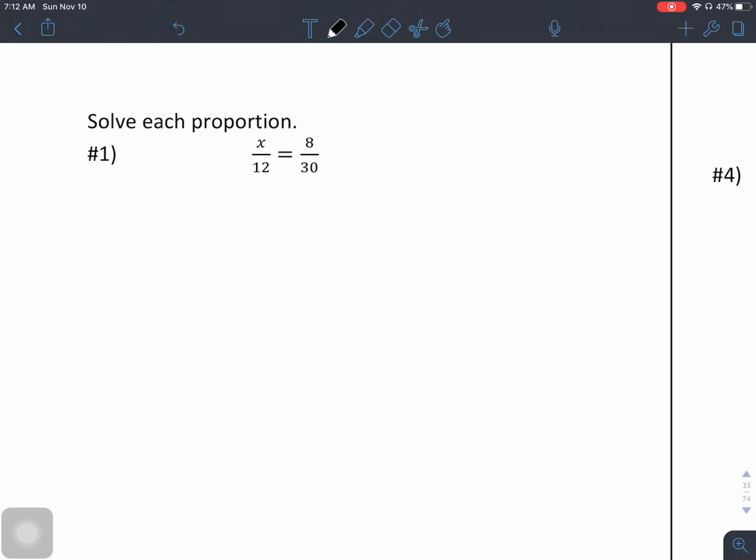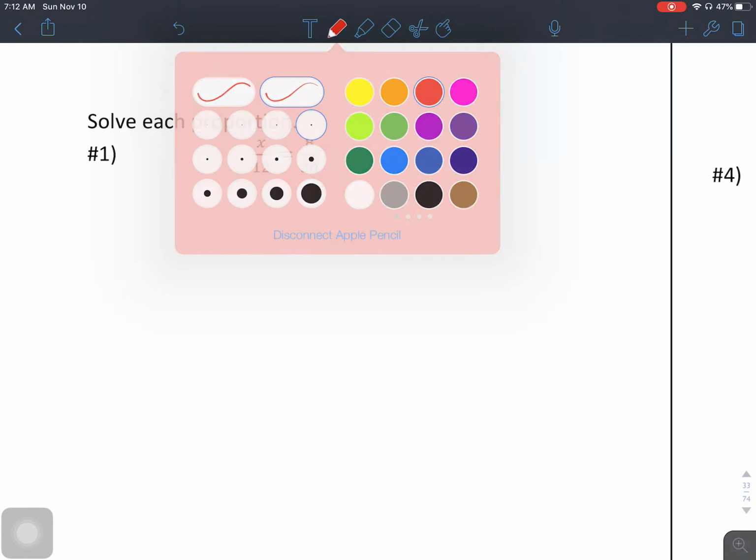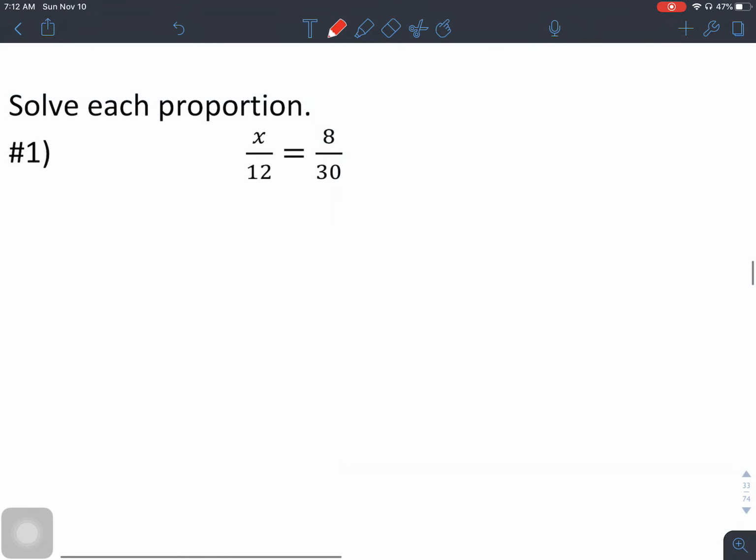For example, if you recognize that a fraction could be reduced, maybe you should reduce it. You're going to get smaller numbers. So for example, here on the right side of the equation, we can divide both 8 and 30 by 4. Another way to think of it is we're multiplying the fraction by 1 in the form of 1/4 over 1/4.